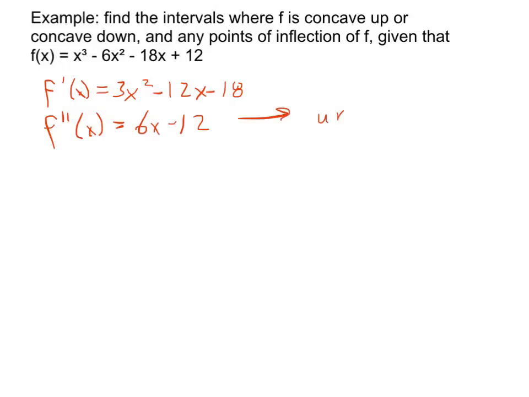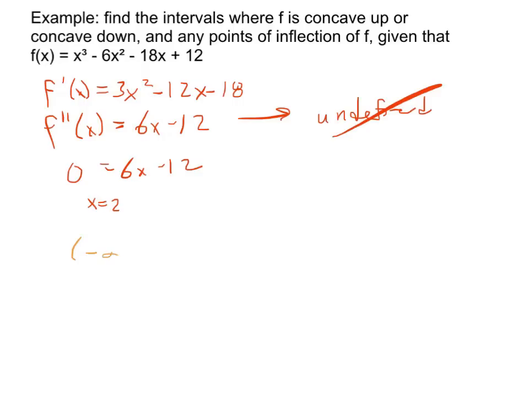We consider where this is undefined. We also consider where this thing is equal to 0. It's undefined only if we have division by 0, so that doesn't happen. Over here, we find that this happens when x is 2. And so our only potential point of inflection, our only critical number for the test for concavity is 2.